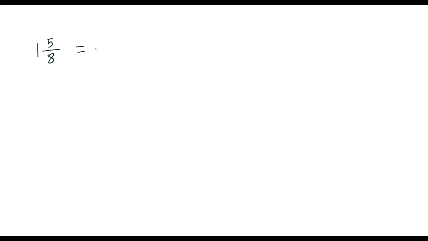Just here in the down you have 8. This one will be multiplied with 8 first. Then you will add 5. This will be done first. Then you will add 5.